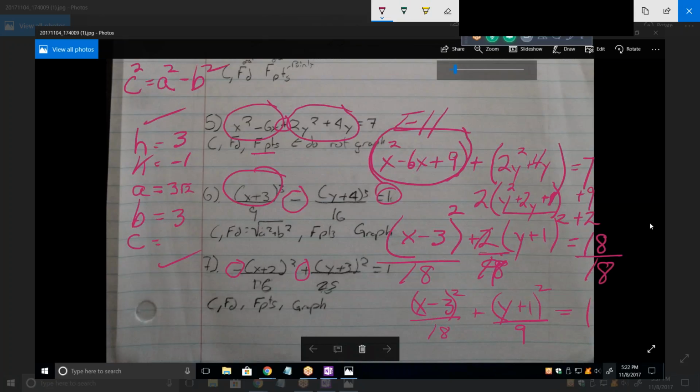All right. Get back to C. We haven't solved for C yet. If C squared is that, then C is the square root of that. So what is C?